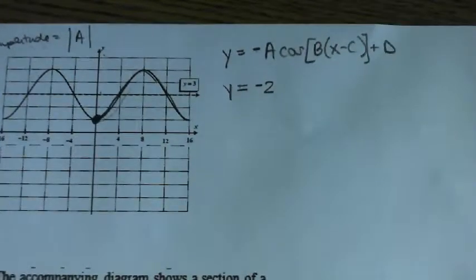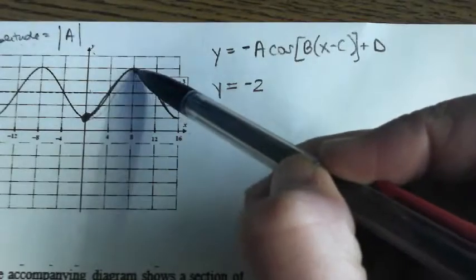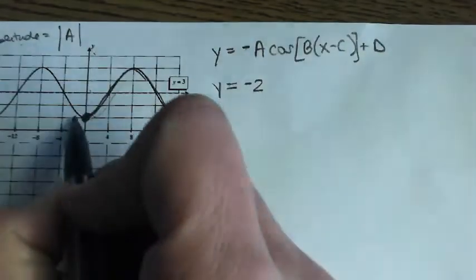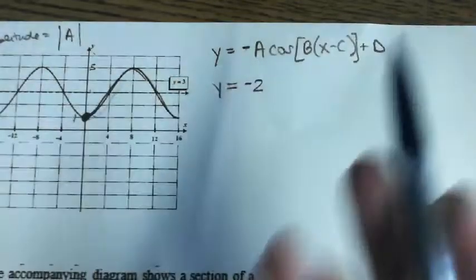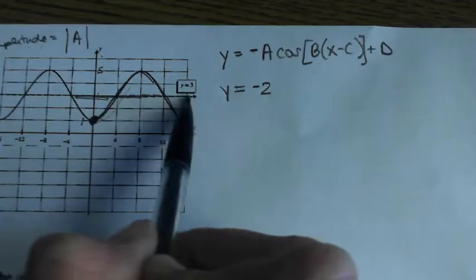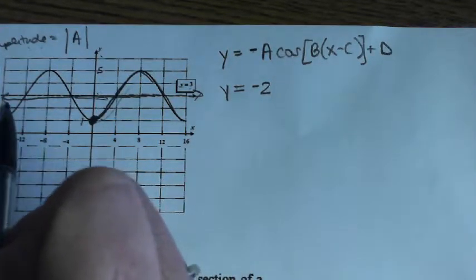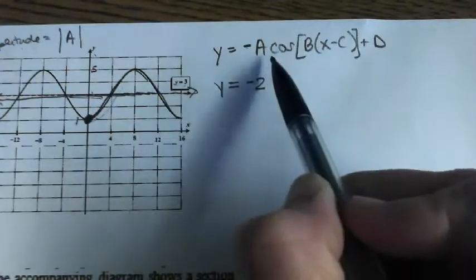Because really the first thing you should do is place the midline. What's the middle between the max and the min? So if this is at 1 and this is at 5, this one's a pretty easy one to eyeball. It's right here, right? And they tell you it's at 3. Does that make sense? So if the midline is 3, what variable do we know?